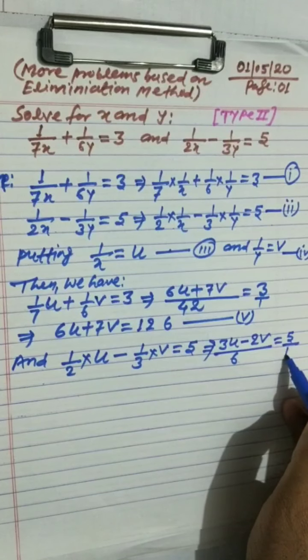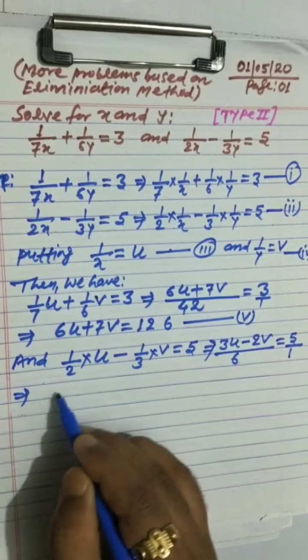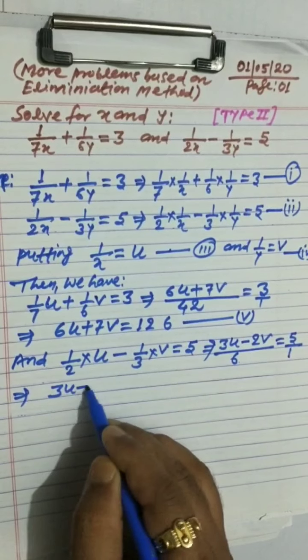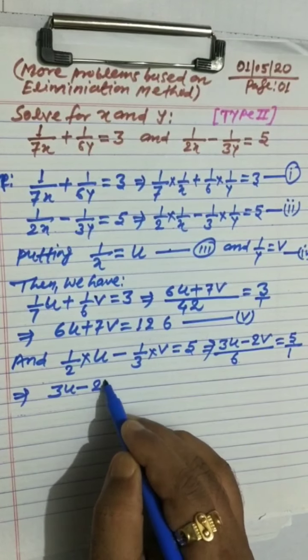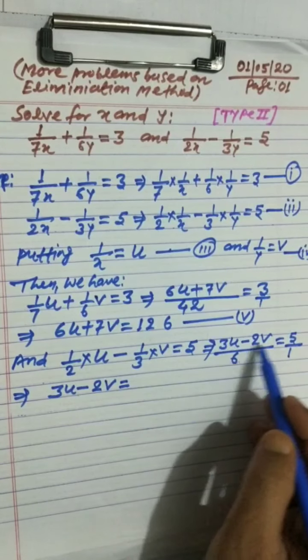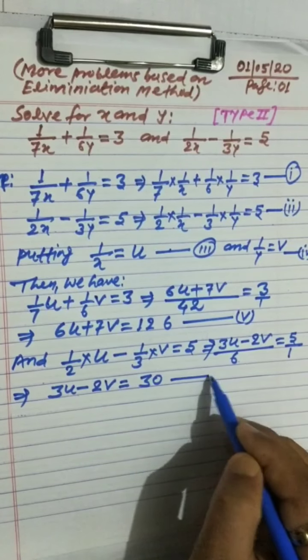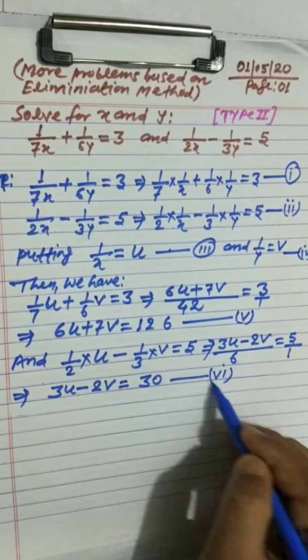Nothing is in the denominator, so put 1 and now cross multiply it. It will be 3u minus 2v is equal to 5 times 6, that is 30. Let us consider it as equation 6.